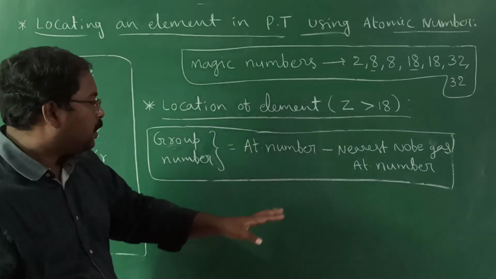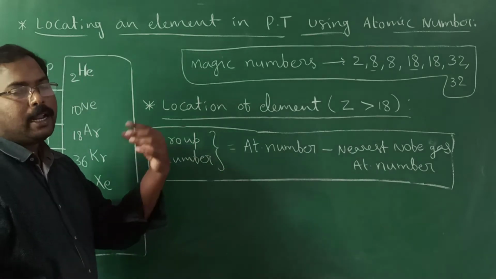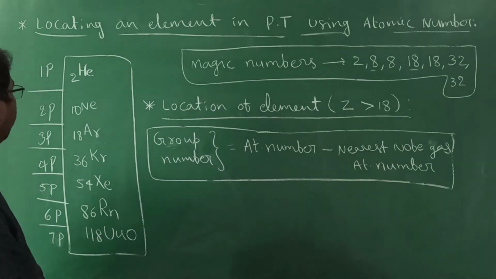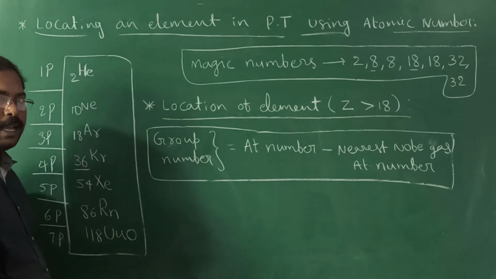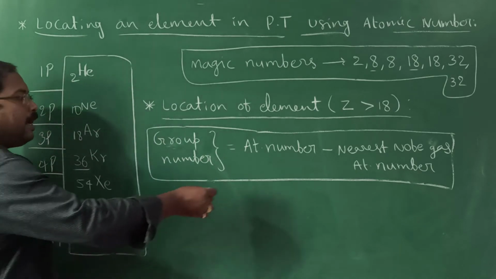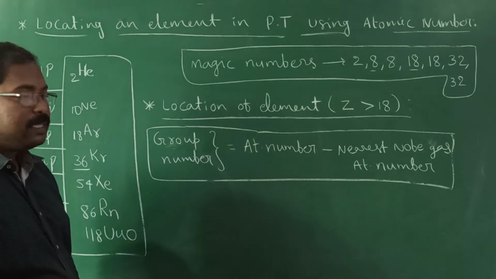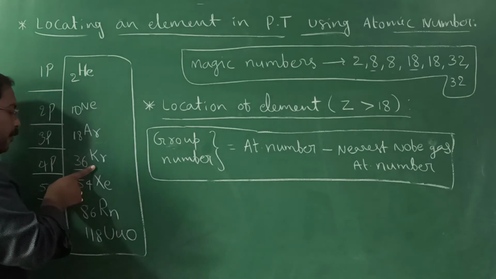Use common sense. For example, if I have the atomic number 35. Nearby 35 means I should go for 36? No, because 35 minus 36 gives a minus number. Is the group number a negative value? No. Okay? So take the one before 35, don't confuse.